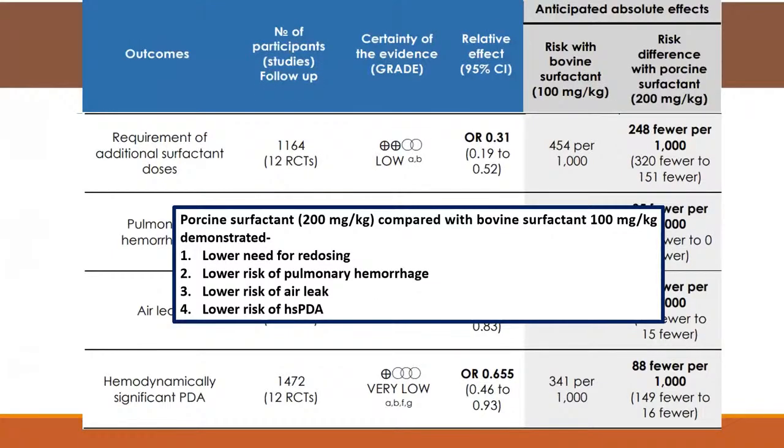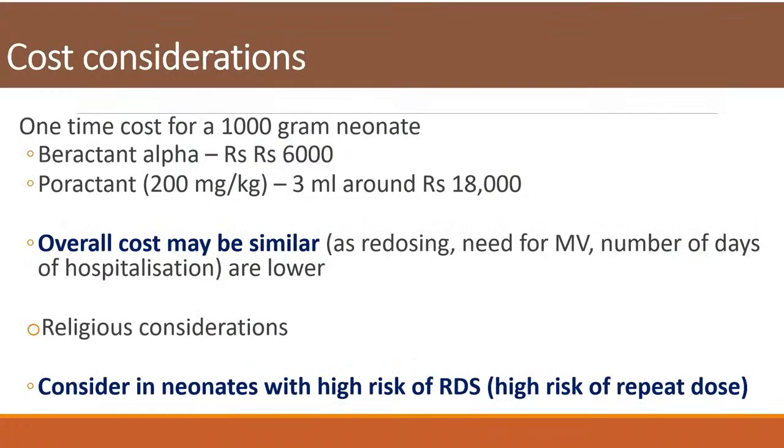And also resulted in some other benefits, including lower need for redosing, that is, needing a second or a third dose of surfactant, lower risk of pulmonary bleed and air-leak syndromes, as well as much lower risk of hemodynamically significant PDA. So we can see all the relative risks in this table.